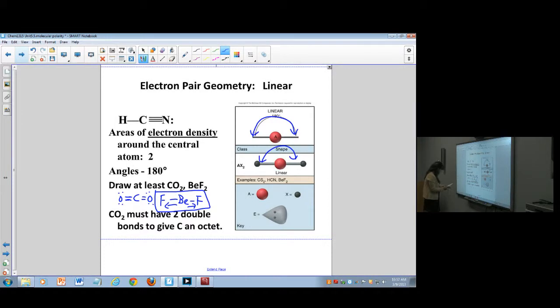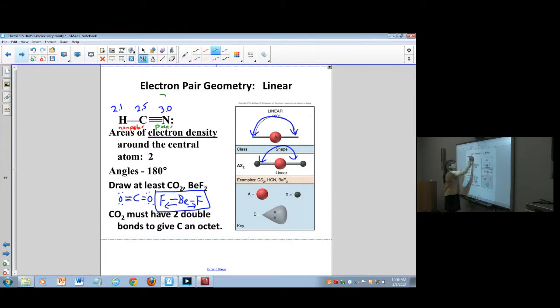But let's look at, for example, our HCN, or hydrocyanic acid. This is a 2.1 on our delta EN, this is 2.5, and this is 3.0. Now remember, by definition, this is nonpolar. Carbon and hydrogen, always nonpolar. And by definition, this is polar.